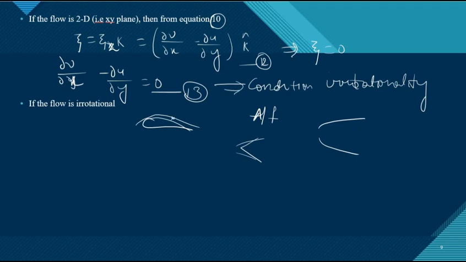Inside this boundary layer, the fluid would be rotational, but immediately above this boundary layer, what happens to the fluid? The fluid is irrotational, correct? Sorry, my mistake: inside the boundary layer, the fluid is rotational, and outside the boundary layer, the fluid is irrotational.